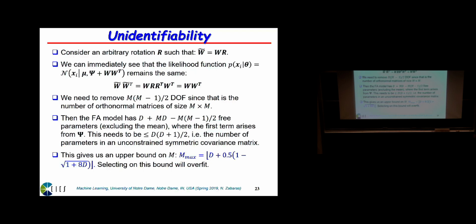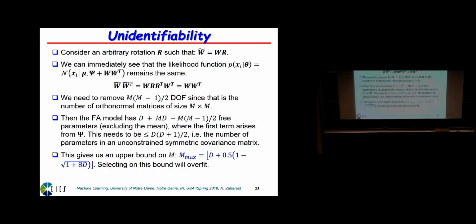All right? So somehow, we're going to have to remove these degrees of freedom that correspond to the number of possible rotations for matrices m by m. So effectively, for the general case of using a factor analysis, we're going to have d numbers to describe this psi, okay?